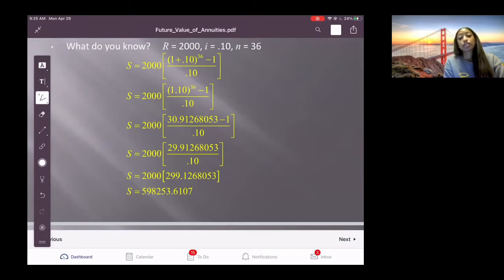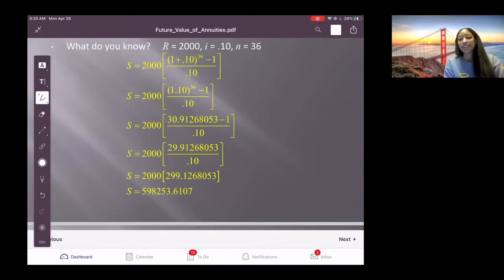That simplifies to, if you simplify the numerator inside of the brackets, 29.91268053. And we're dividing that by I, which gives us 2,000 times 299.1268053. Again, do not simplify these decimals in the middle of the problem.